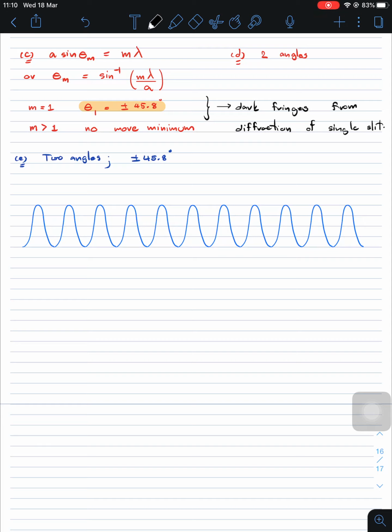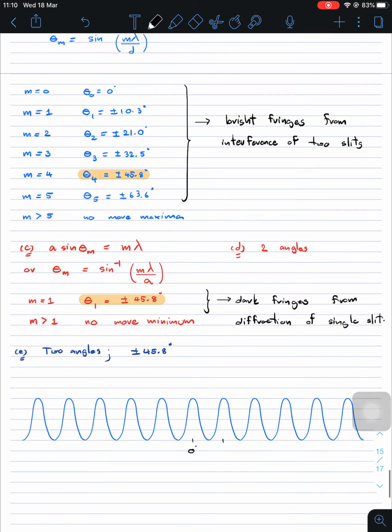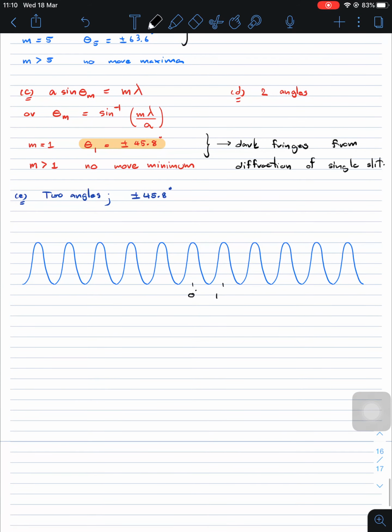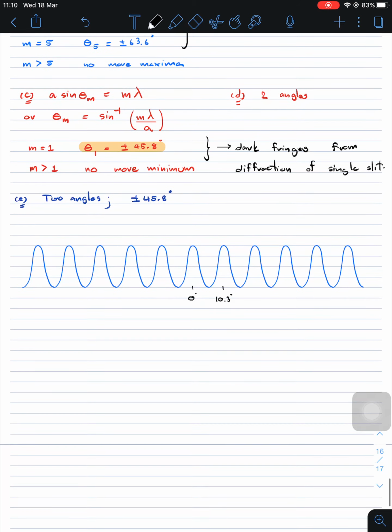So let's just write down the angles. We have this one to be 0 degrees, and we have this to be plus or minus 10.3 degrees.